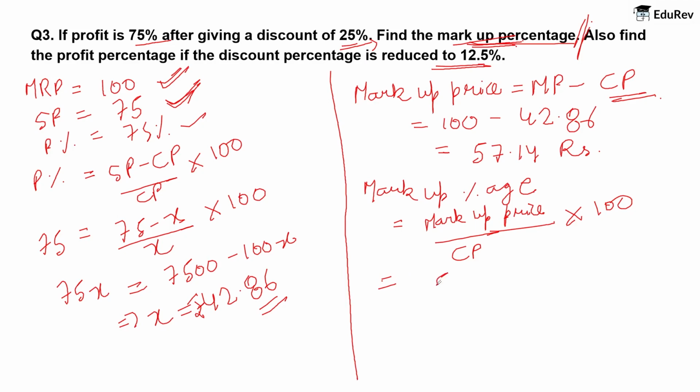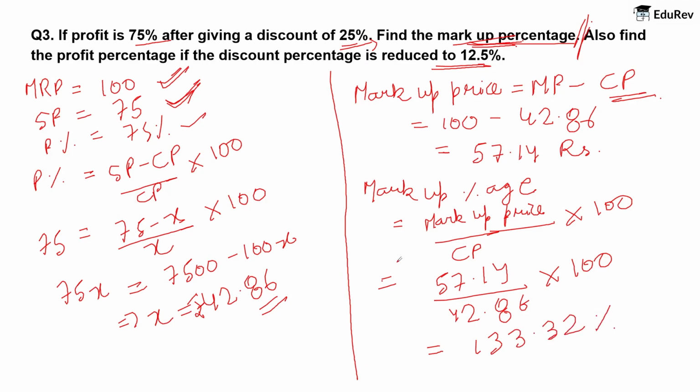So markup price is 57.14 upon the cost price is 42.86 into 100. So when you solve this particular thing, you get the markup percentage as 133.32%. So you can see that the markup price was 57.14 in comparison to an MRP of 100 rupees. And in context to that, we got the markup percentage as 133.32.